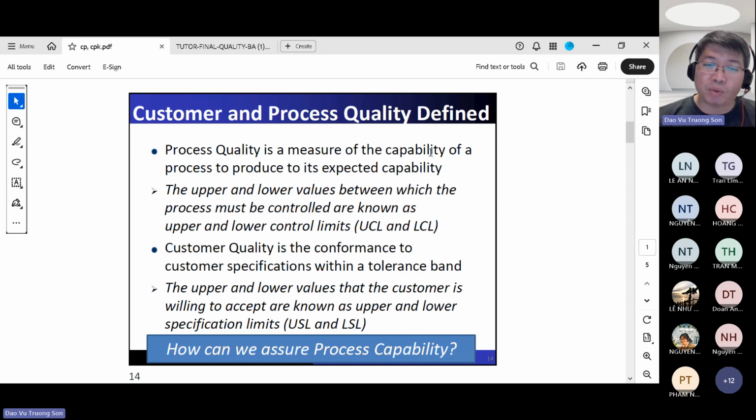So I repeat, what we can actually do will be the upper and lower control limits for our process, and what the customer wants may not be the same. We try to get as close to the customer's expectation as possible, but sometimes it's not easy. So how can we assure our process capability, and what are the ways to quantify it?